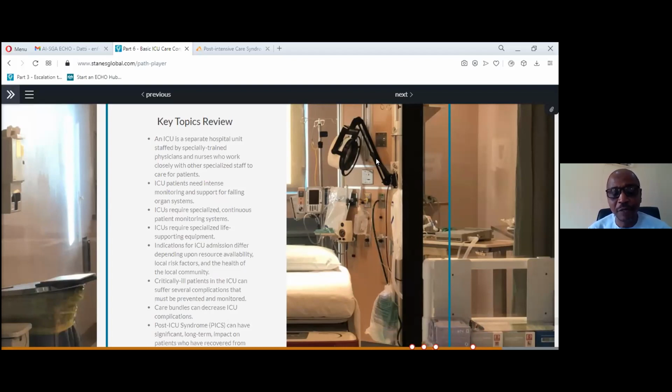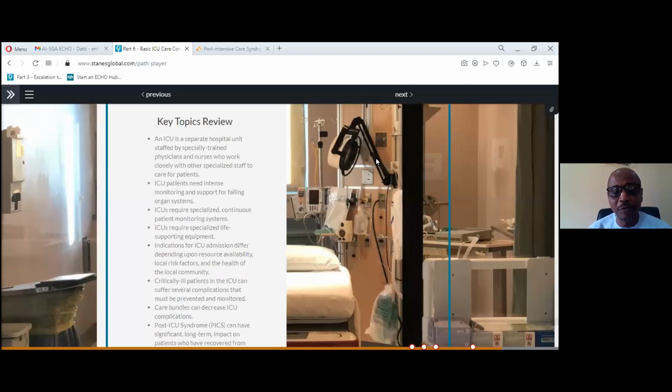And we've seen, using the case of Mr. T, the ICU patients need intense monitoring and support for failing organ systems, which all participants agreed from their answers in the chat box. And then ICUs require specialized continuous patient monitoring systems. ICUs require specialized life supporting equipment.